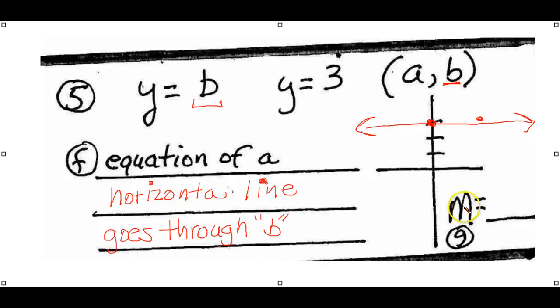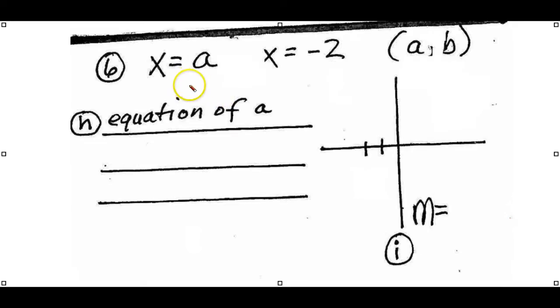Now I'm adding here a little something. What is the slope of a horizontal line? Something like this. And the answer is 0. Remember I said that x here is 0. So the slope is 0. Now again, we have a special modification of standard form.